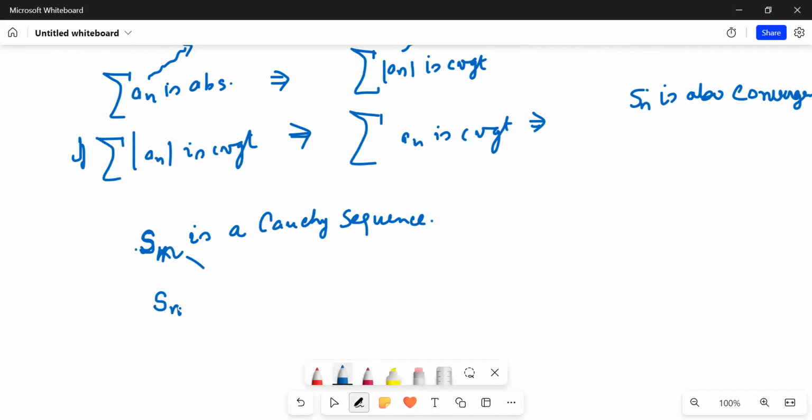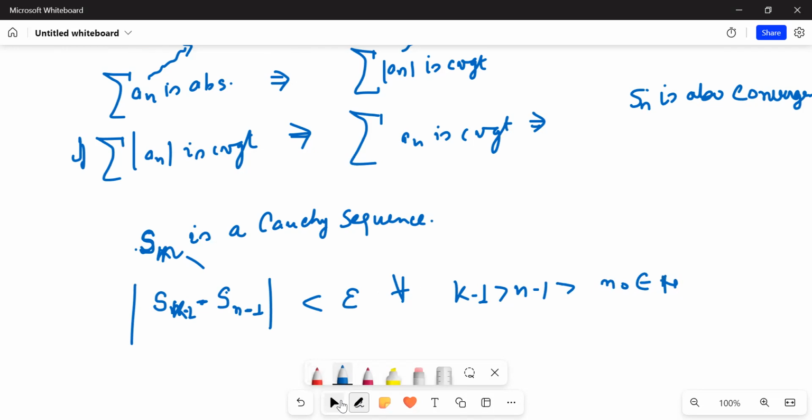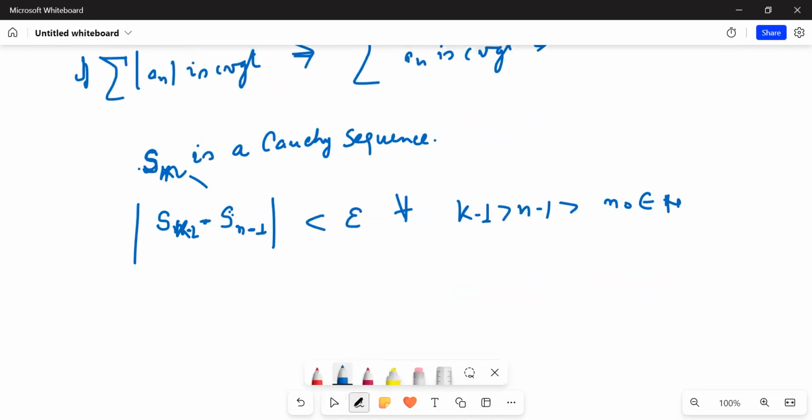modulus of Sk minus 1 minus Sn minus 1 can be made less than epsilon for all k minus 1 greater than n minus 1 greater than some natural number. Why have I taken n minus 1?